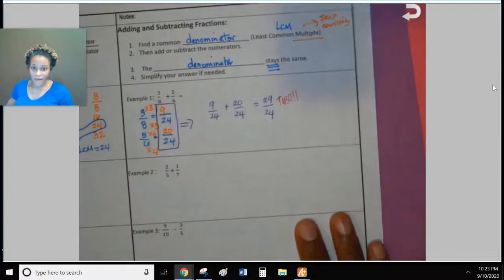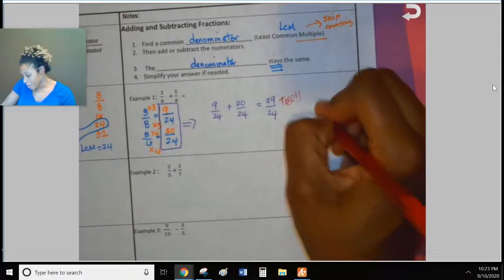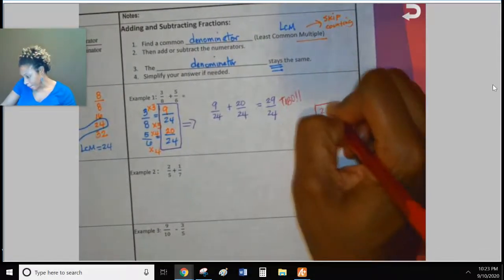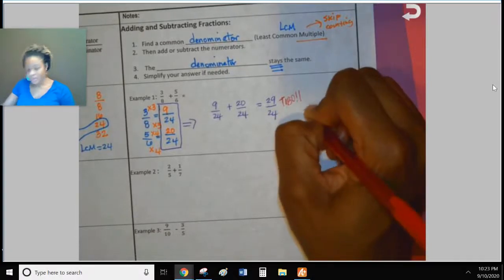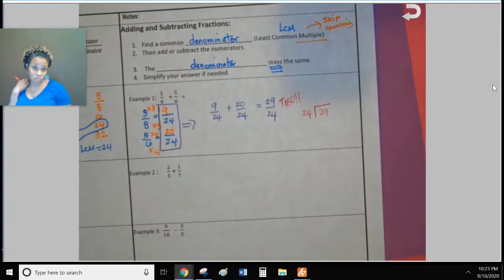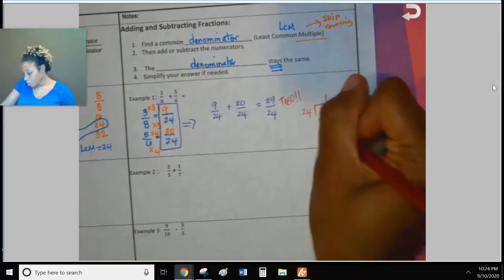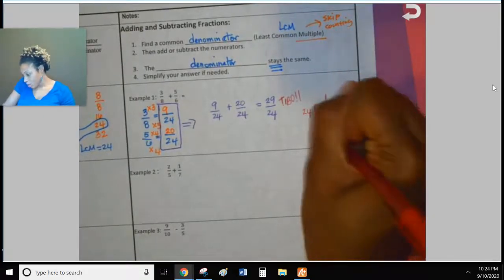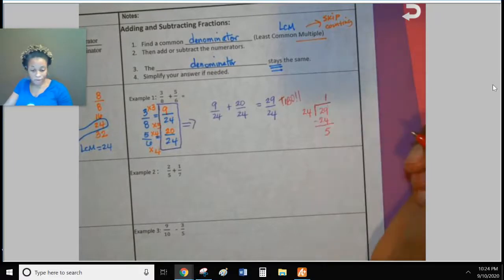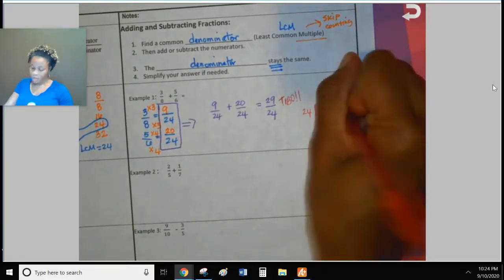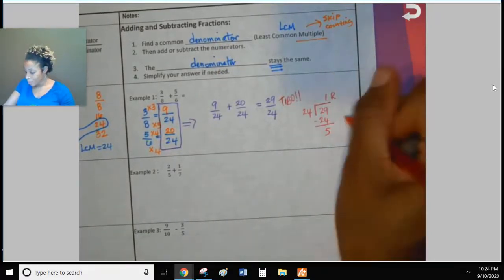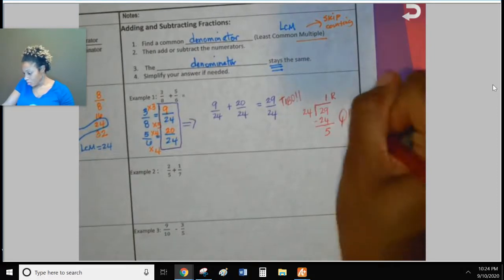You're going to divide top in, bottom out. How many times can 24 go into 29? Just one time. Multiply, subtract. I have a remainder of 5. Remember, when we're writing our mixed number, we want quotient, remainder over divisor.